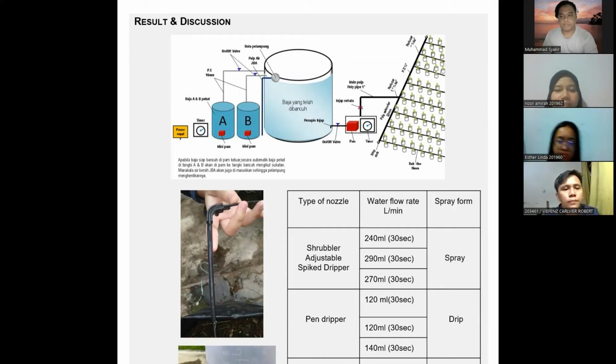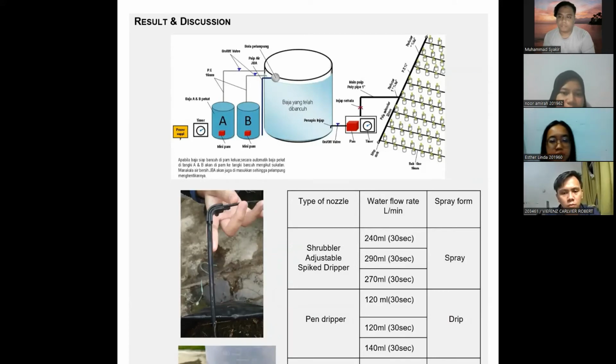Okay, the filter needs to filter foreign objects from getting into the irrigation system. Okay, the last component is the timer, which is to control the frequency and quantity.